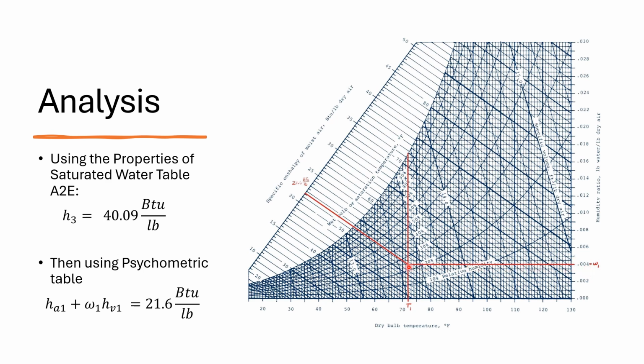We also know that T1 is 72 degrees Fahrenheit, so we draw a vertical line right here. Where omega and T intersect, we draw a line at about a 45-degree angle all the way up to here to get the specific enthalpy of moist air at state 1, which is 21.6 BTU per pound.